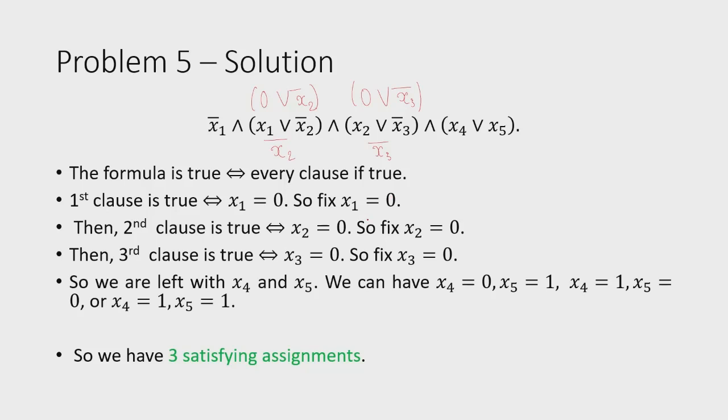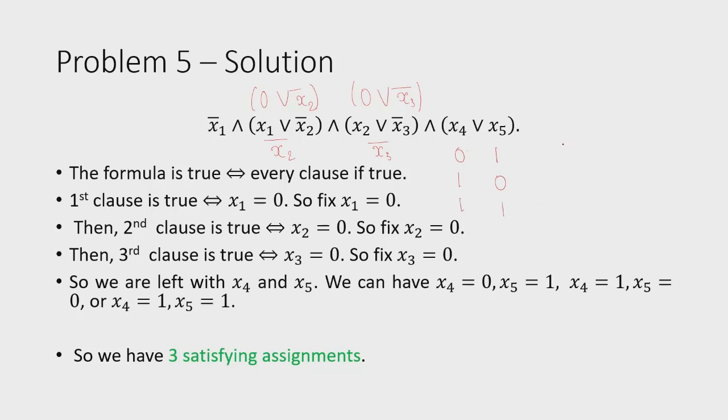So we have fixed x1, x2 and x3. Now we are only left with x4 and x5. So far we have satisfied three clauses. Now we are only left with the clause x4 or x5 and these two variables. There are three ways to satisfy this: 0 1, 1 0 and 1 1.